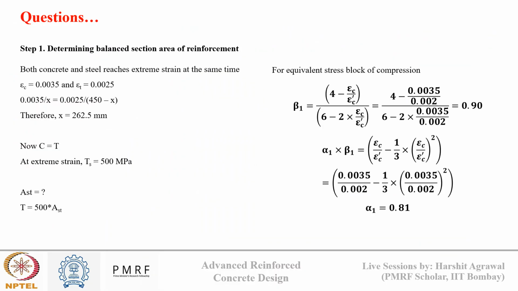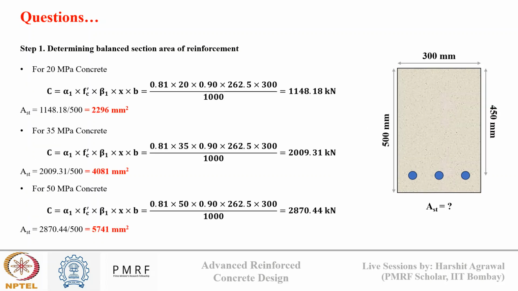Okay, so what will be the first step? First step will be to determine the balanced section of reinforcement. Okay, so again, concrete strain and steel strain will be fixed. We know the depth of neutral axis. We know the tensile force. It is 500 times the Ast. Now, for different concrete grade, my compressive strength will change, so compression force will change.